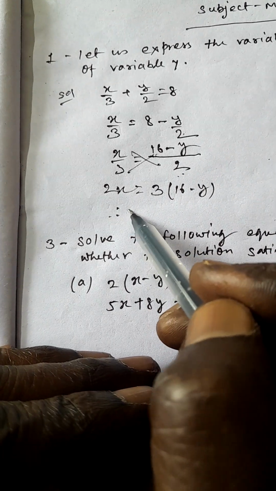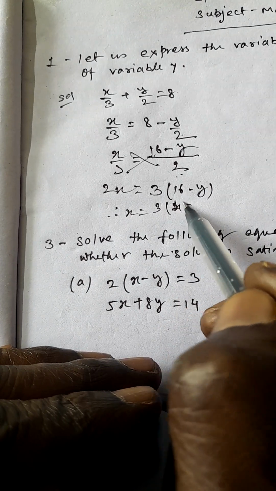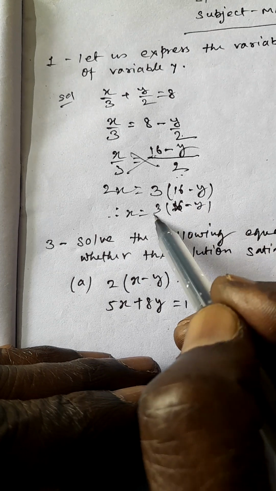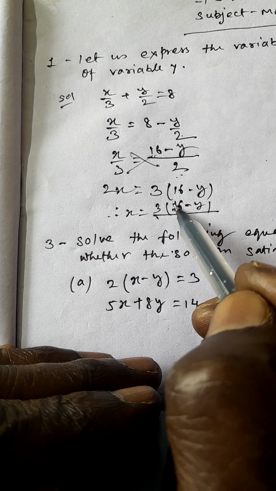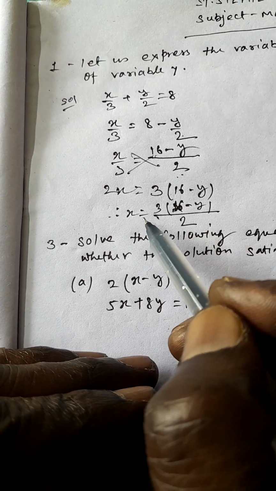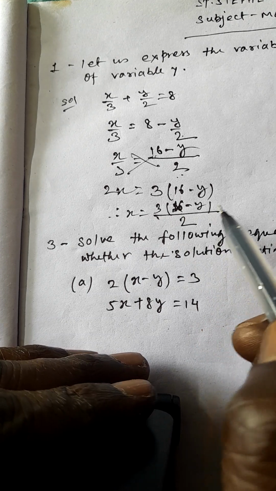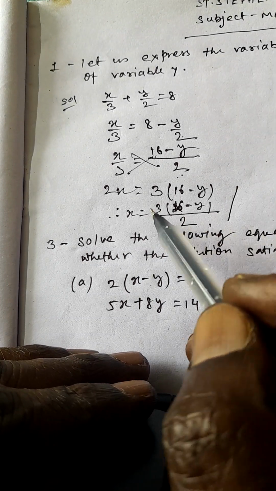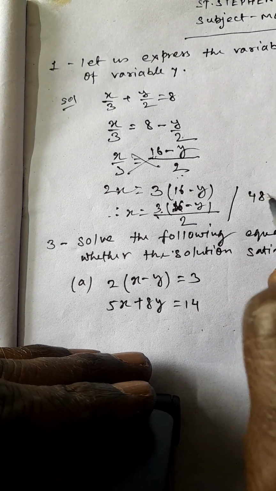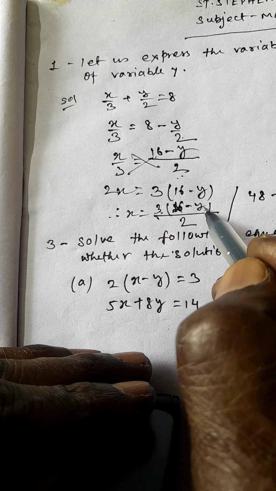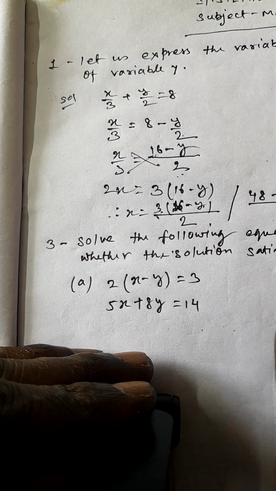So the value of x will be 3 bracket 16 minus y upon 2. We can see that x in terms of y will be 3 bracket 16 minus y upon 2, or if you want, you can multiply 3 with 16, which is 48, and 3 into y, which is minus 3y, divided by 2.